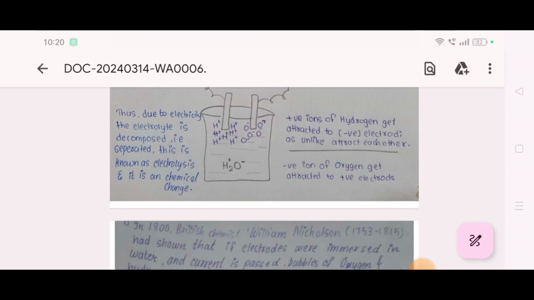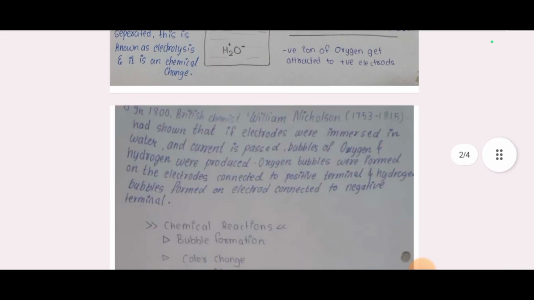So when electrodes are immersed, hydrogen and oxygen bubbles are produced.